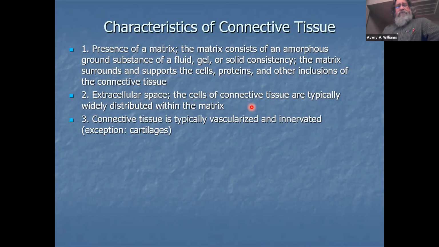The third thing is that connective tissue is typically vascularized and innervated. This is also in stark contrast to epithelial tissue. Remember, epithelial tissue was never vascularized or innervated because there was no room, there was no extracellular space. But when you're looking at a section of connective tissue, it's not uncommon to find blood vessels and nerves traversing through it.